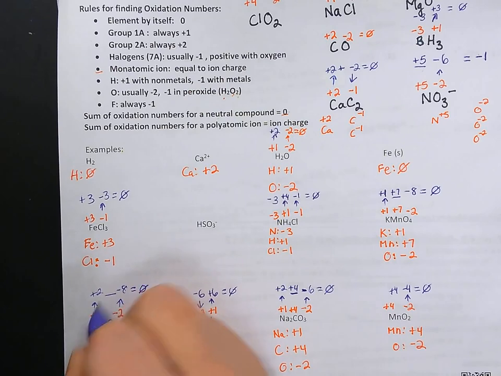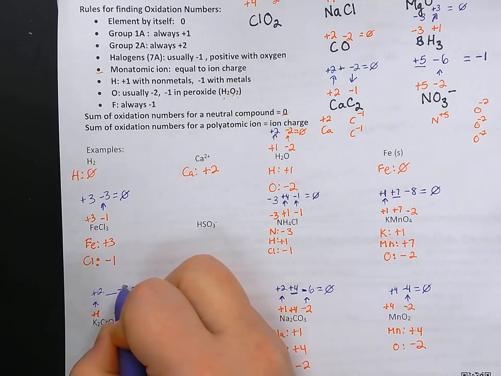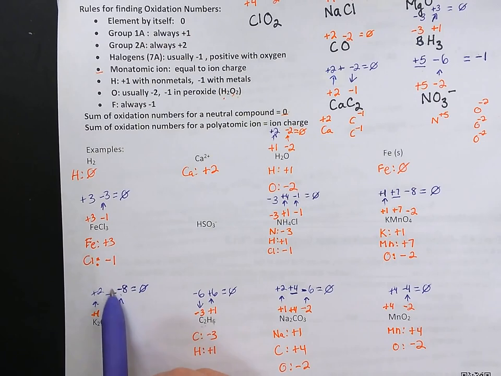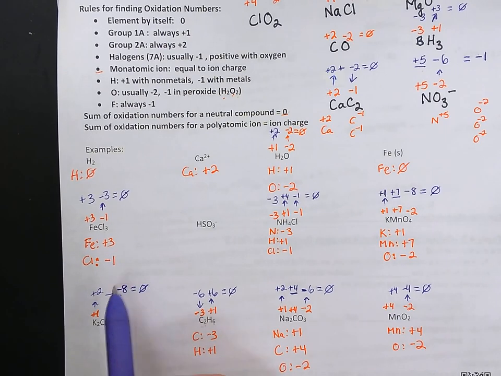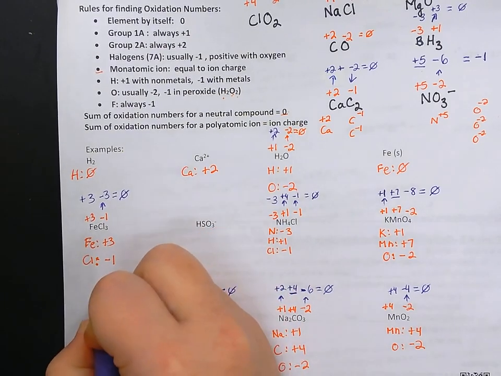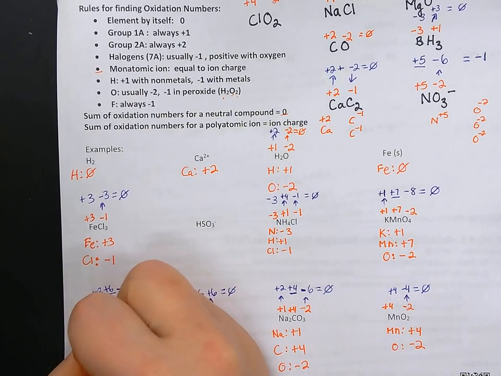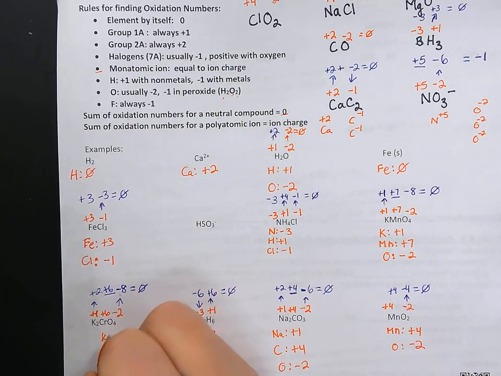So what are we going to put there to make this a true statement? We got -8. We need a total of +8 over here to get it to be 0, so we need +6. There's only 1 chromium, so that whole charge goes to the chromium. So each potassium is +1, chromium is +6, oxygen is -2.